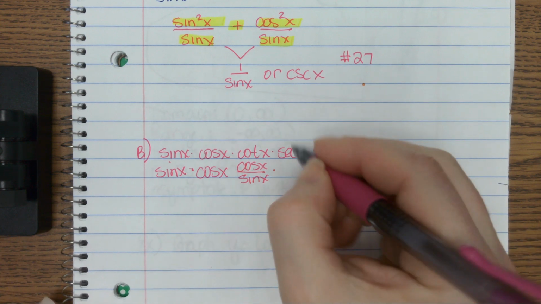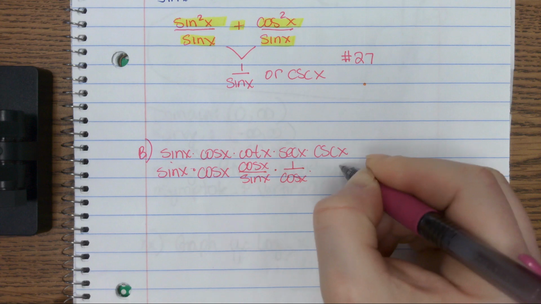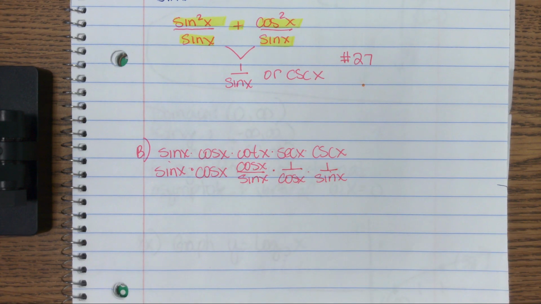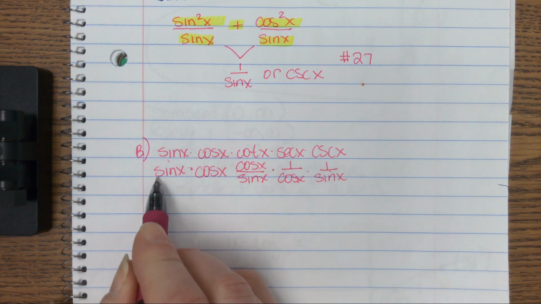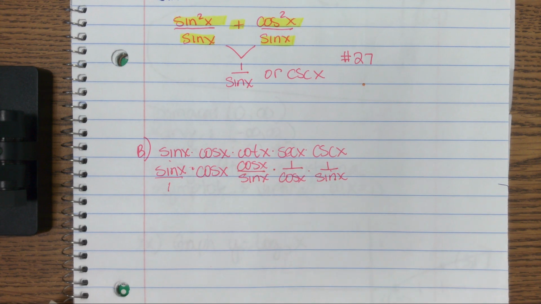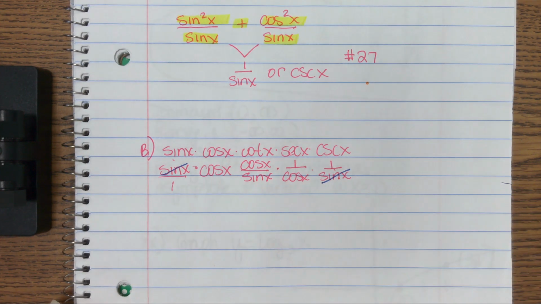And then this is 1 over cosine, and this is 1 over sine. Okay. You can cancel in a lot of different ways, but what I want to point out to you is the sine on top over here and the sine on the bottom in the last expression, and this is all multiplication, so I can go ahead and cancel those out.